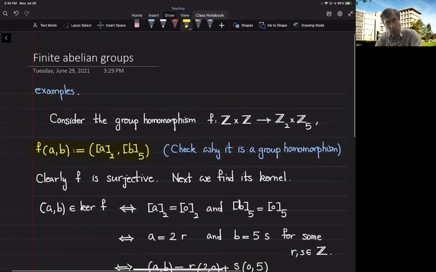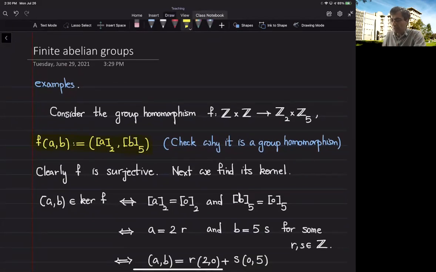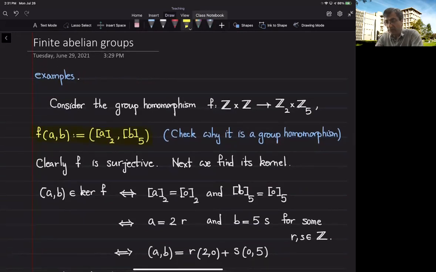It is easy to check that it is a group homomorphism, because each one of the components separately is a group homomorphism, and when I put them together, since the operation is component-wise, we can deduce that f is a group homomorphism. The other thing we can point out is that every element in this Cartesian product has a first component of this form and a second component of this form, and therefore f is surjective. So f is a surjective group homomorphism.